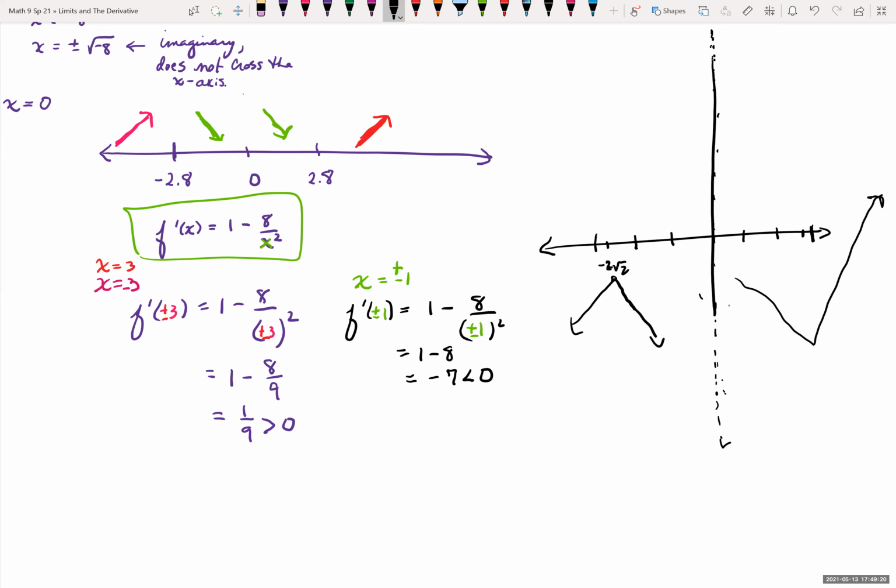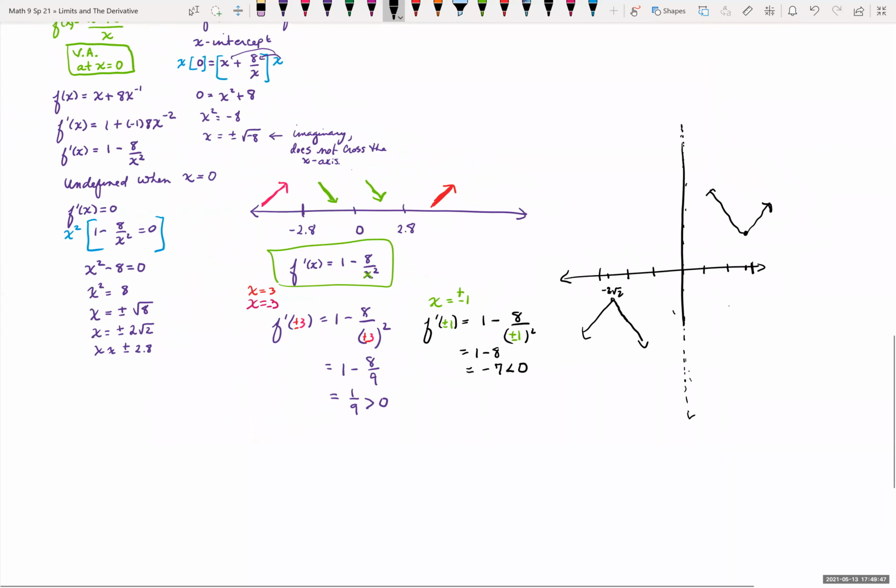This would have to cross the x-axis, which I know it doesn't. So this piece has to be above the x-axis. Again, I don't know exactly where the y value is until I look for it, and I don't know concavity yet. But I've got the general idea of where things are going to be.